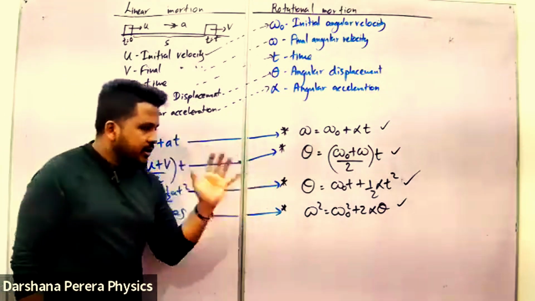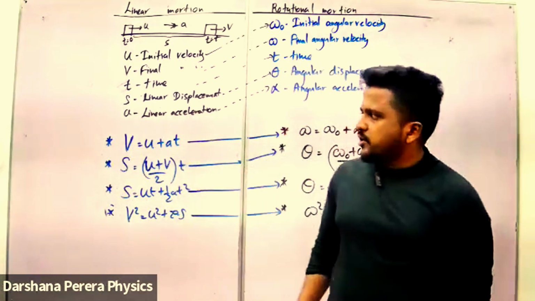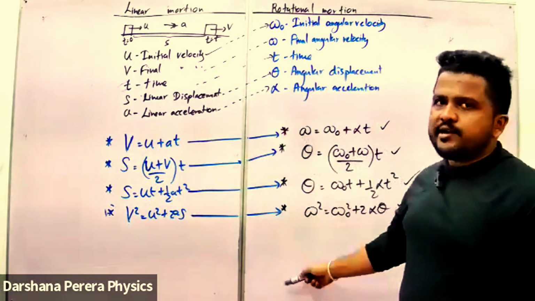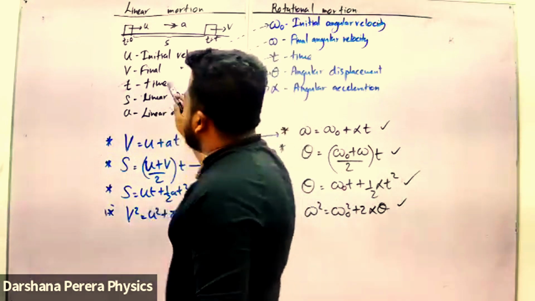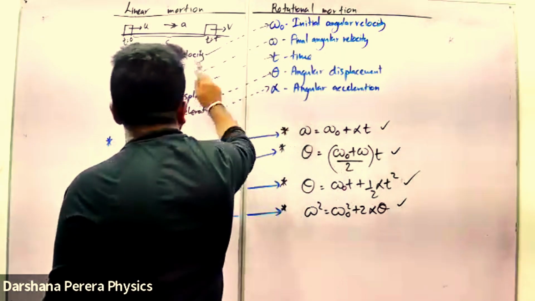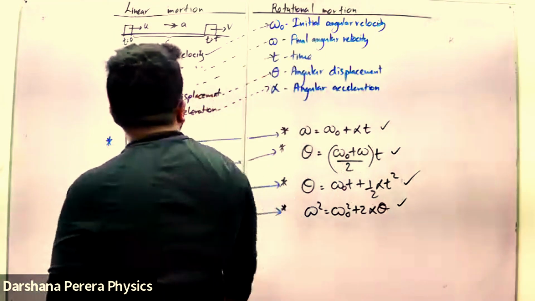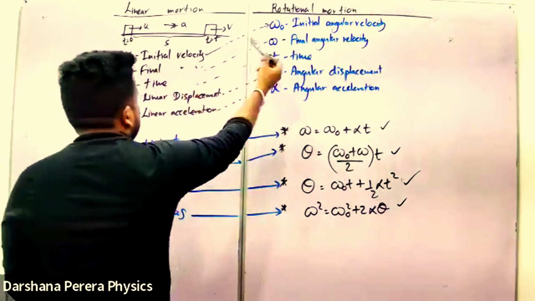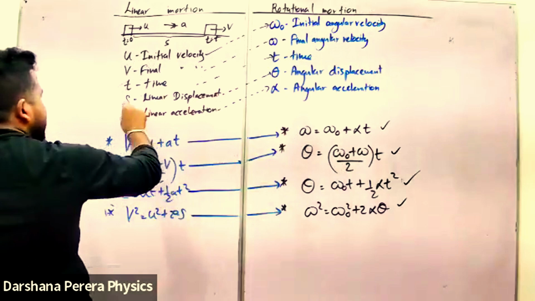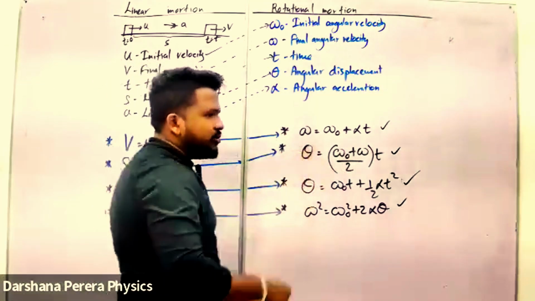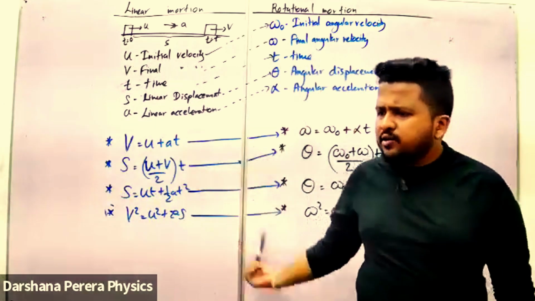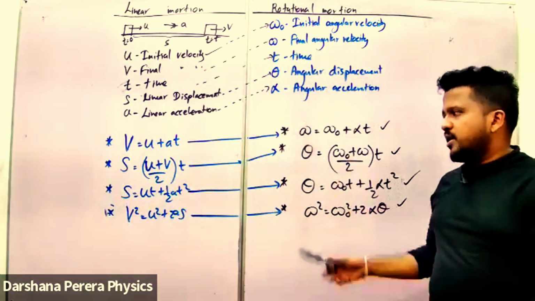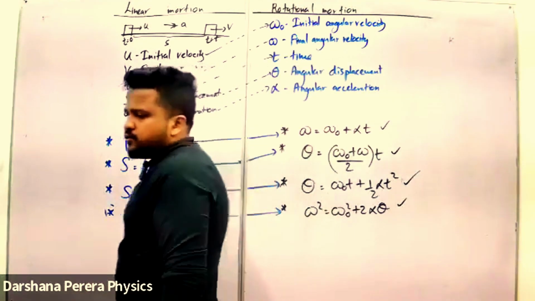The application of the motion equations in linear motion is very easy, therefore this is also very easy. Only the difference is that initial linear velocity corresponds to initial angular velocity, final linear velocity to final angular velocity, and time to time. Like that, in rotational motion we can use these motion equations as we used them in linear motion.